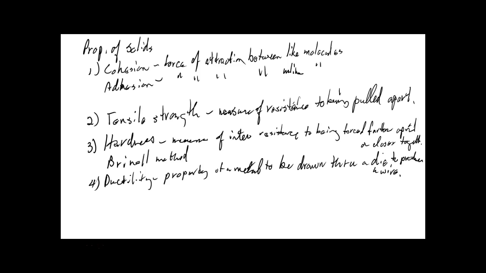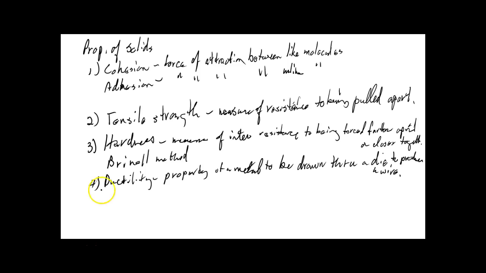You can either dot them on things or make different patterns with them. My wife does Christmas baking and she has one of them. That's the ability to be extruded through something. Now, Christmas sugar cookies are not solids, but it's the same type of principle, to be drawn through a die to become a wire.